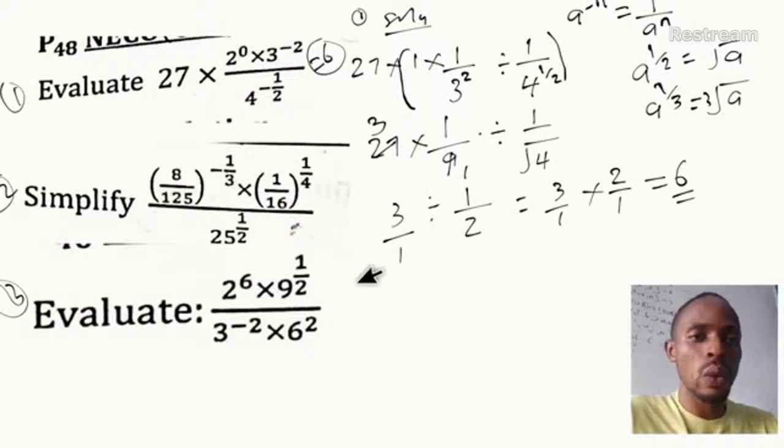So this one, let me say question 2 here, will be equal to this 125, it goes up because of this minus, and this 8 comes down. So it will be equal to 125 divided by 8. Okay, everything is raised to the power of 1 over 3.